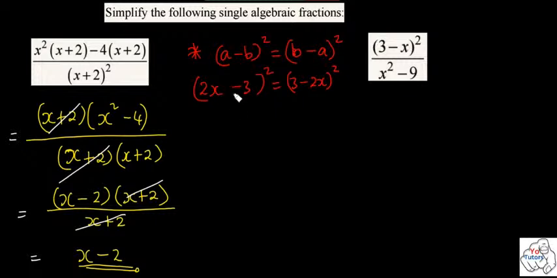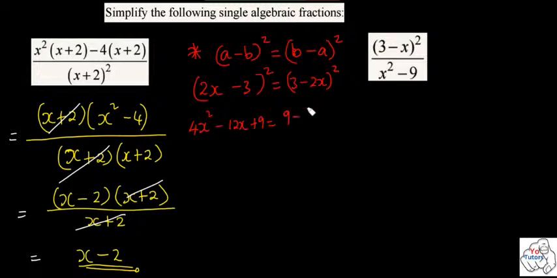Okay, so even if you want to prove it, we can prove it here. This is (2x) squared, we get 4x squared. Then 2x times 3 is 6x, times 2, we get negative 12x. Then 3 times 3 gives us 9. Then again here, if you do the same thing, you get 9.